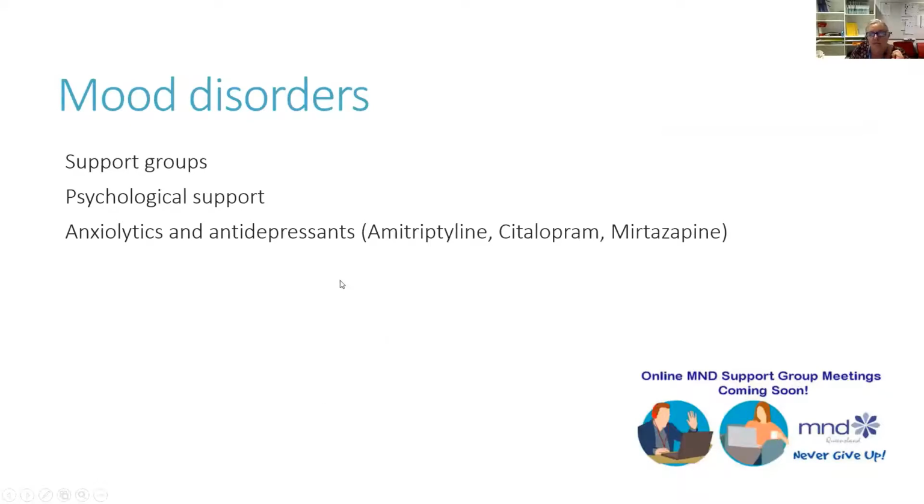Mood disorders as well. There are a number of medications that we can give to help resolve that as much as we can. But the important thing is making sure that you do have that support around you. Support groups like these are fantastic to discuss information and also, if necessary, to get some psychological support or talk to a counsellor.